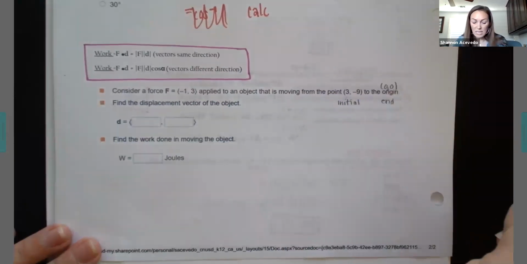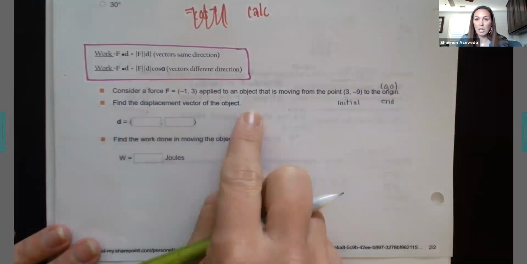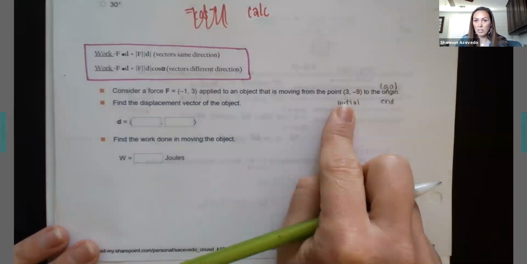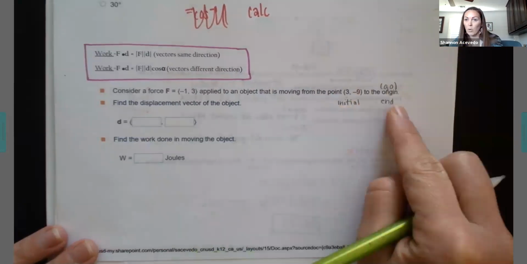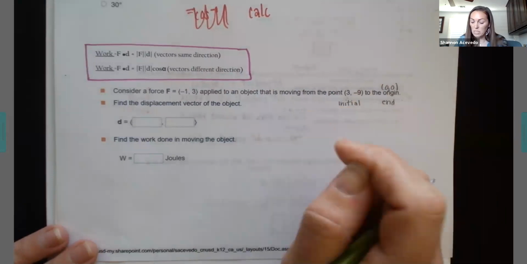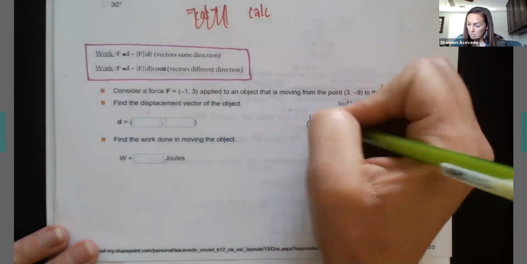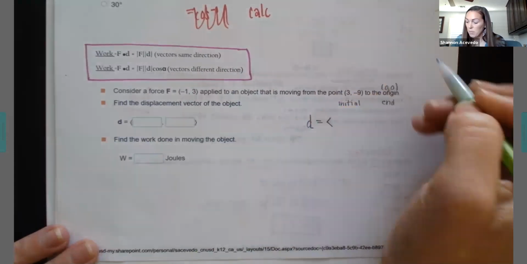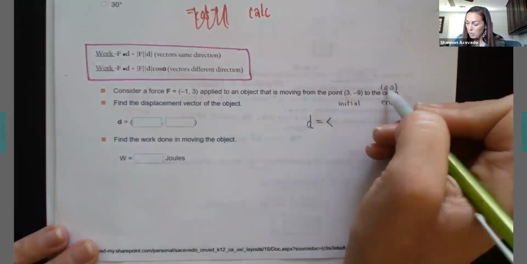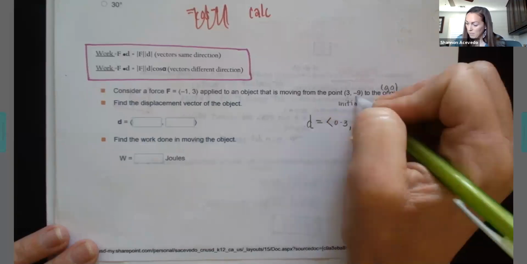So the first thing says, find the displacement vector of the object. So this is where my object starts and then it's moving to the origin. So it's going along my graph. So it wants to know what is that displacement. So to figure out the vectors, it's going to be, remember, 0 minus 3 and 0 minus a -9.